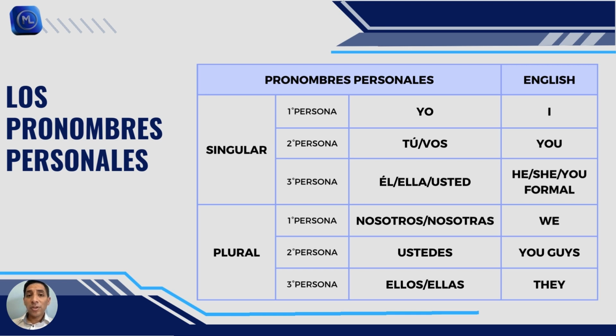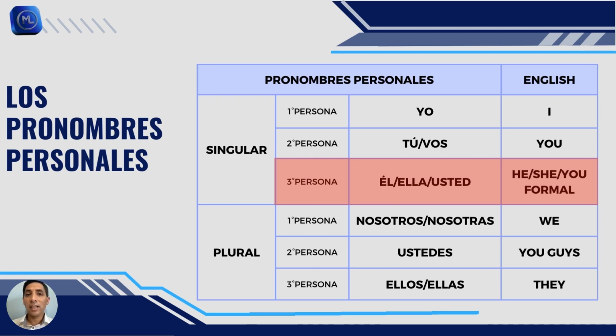So the third person singular will be él for he. And here you have to pay attention because the word él has a tilde, an accent mark on top of the e. So that means he. If you omit this accent mark, what you would be saying is the, such as in the car, which is different, right?